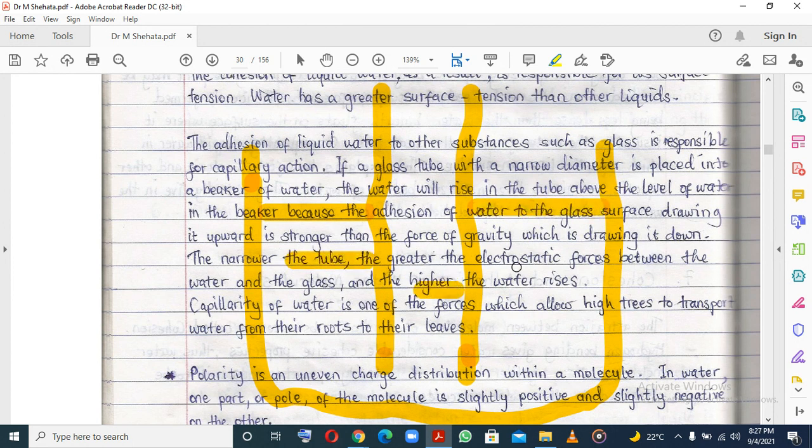But all that I'm drawing is water levels, right? But you find that in this narrow tube, it can even go above what is in the rest of the larger beaker. Why? Because of the adhesion of water molecules to the glass surfaces, right?